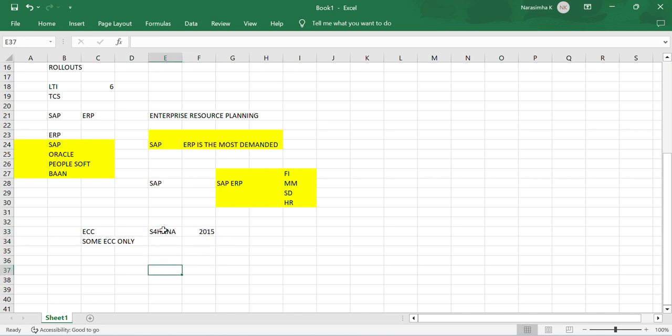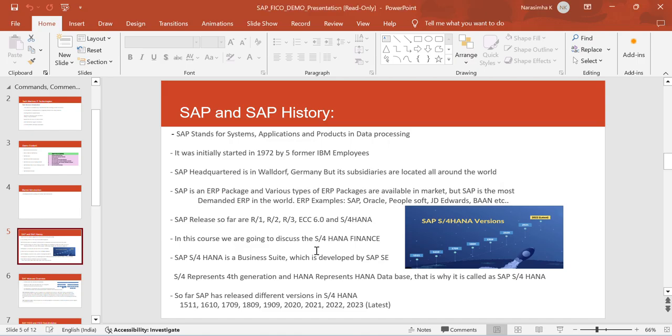So right now this is the latest version of SAP, S/4HANA. In this FICO batch, we are going to discuss only SAP S/4HANA. In interviews also they will ask only S/4HANA: do you have experience on S/4HANA? This is the latest version.